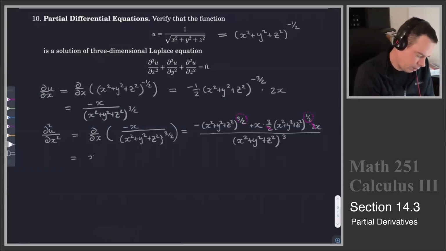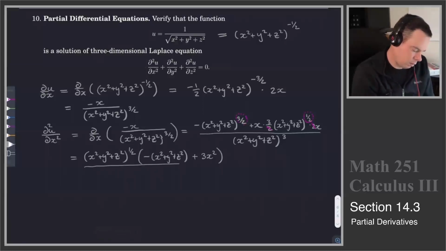So I'll get an x squared plus y squared plus z squared to the power of a half. Factoring that out, what does it leave in the first term? It just leaves a -(x squared plus y squared plus z squared). Factoring it out from the second term leaves me with a 3x squared. And then all of that is over x squared plus y squared plus z squared cubed.